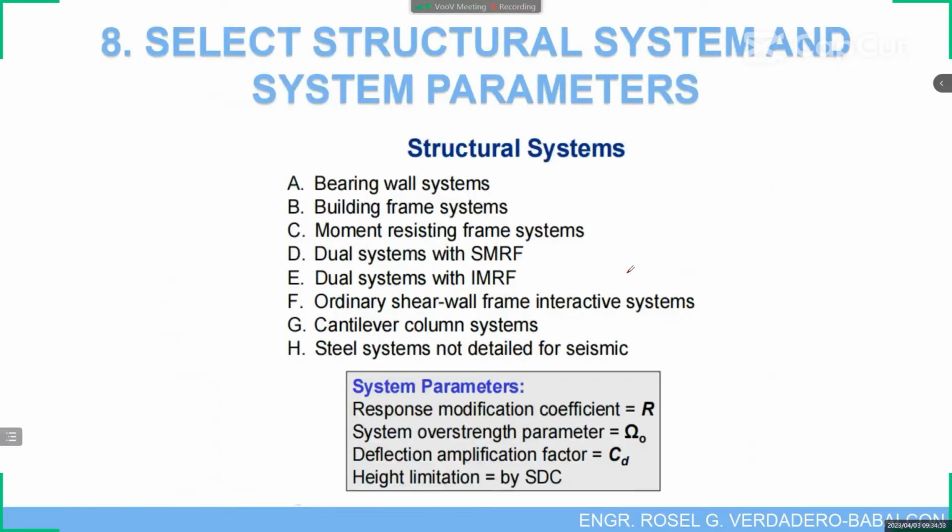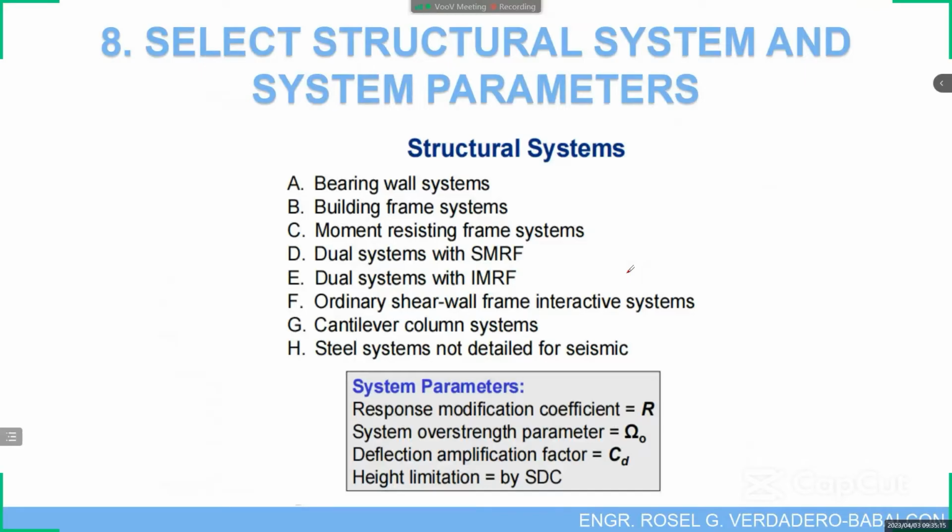Okay, so there are several types of structural system. We need to identify the structural system that we are going to use. Each structural system has advantages and disadvantages in the performance of a building, and also in the economical aspect and the aesthetic aspect.